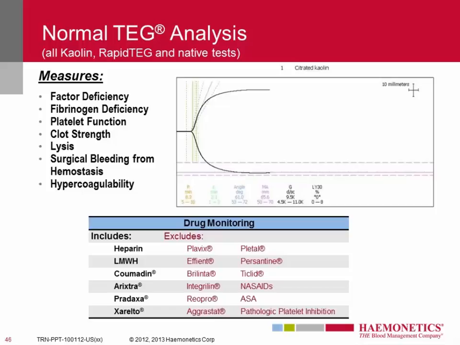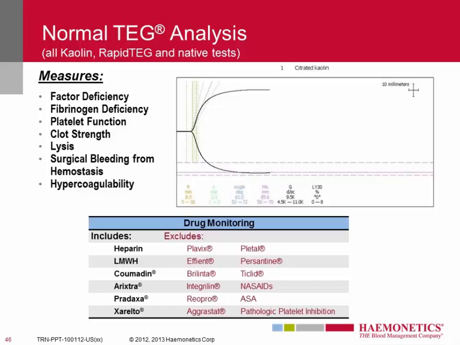Drug monitoring monitors heparin, low molecular weight heparin, Coumadin, Arixtra, these anti-10As, and the newer ones that are out there, Xarelto, et cetera. It excludes the actual platelet drugs. And the reason it excludes them is because we want to do what we call platelet mapping to actually identify what effect these drugs are having on the ADP process, what these are having on the COX-1 process, and then what these are having on the GP2B3A process.